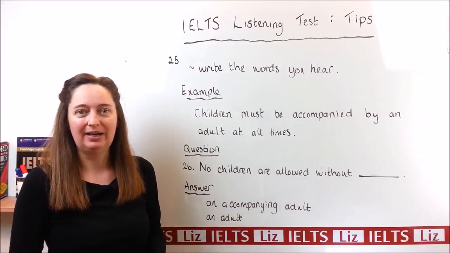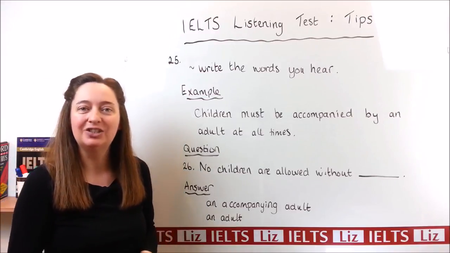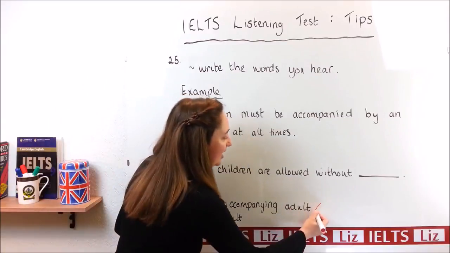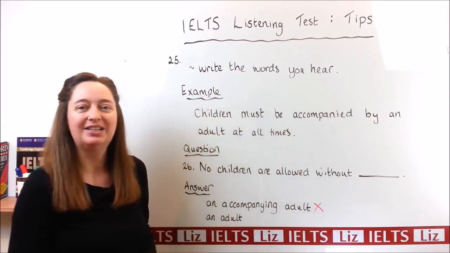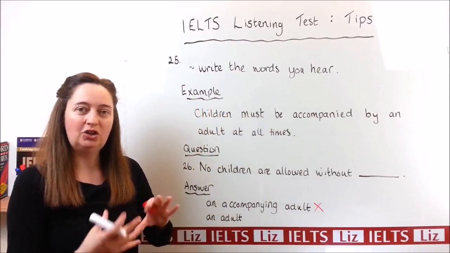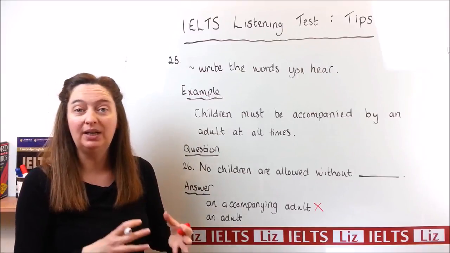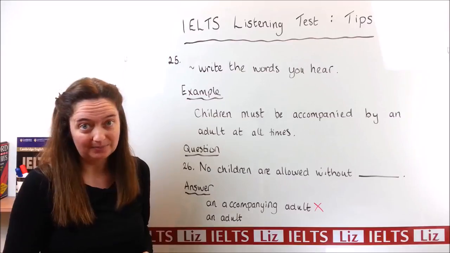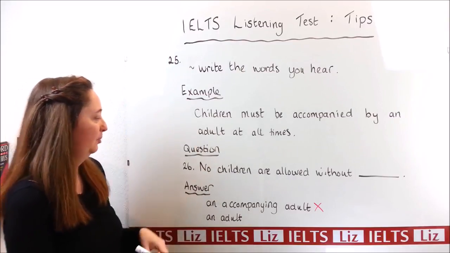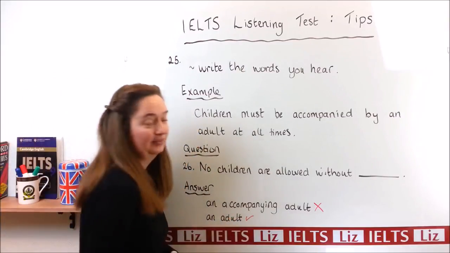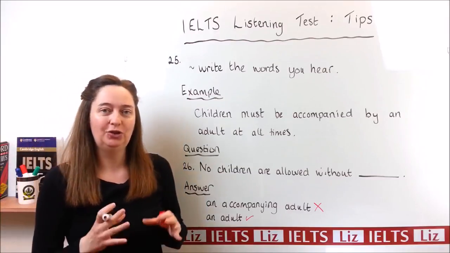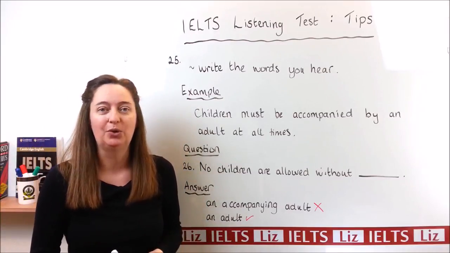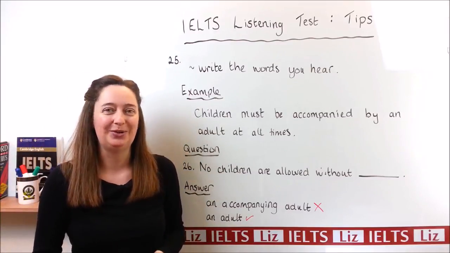The meaning is correct, but the wording is not. So this answer would be considered wrong. You can't change and reformulate the words. You need to listen and write down the words you hear. So the answer would have to be an adult. So be very careful not to reformulate the words, but to write what you hear.